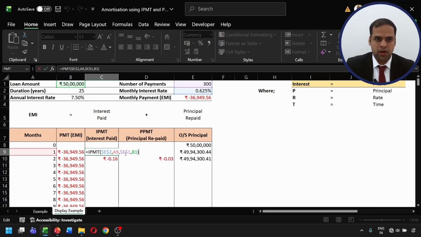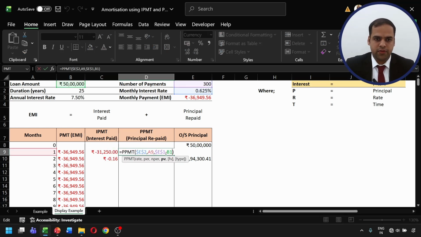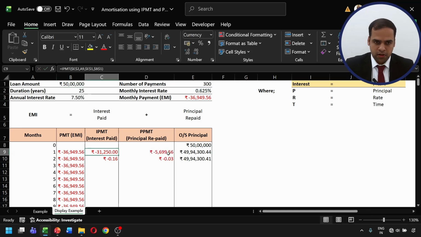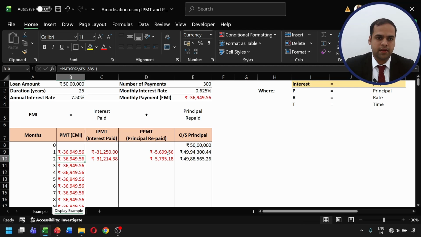So I have to freeze the present value as well, and here also I have to freeze the present value as well. So if I copy this formula, then I get to know that my EMI portion remains the same, but the interest portion is lesser than the previous month, and the principal portion which we have repaid is more than the previous month. And of course, our outstanding principal gets lower as we pay principal.